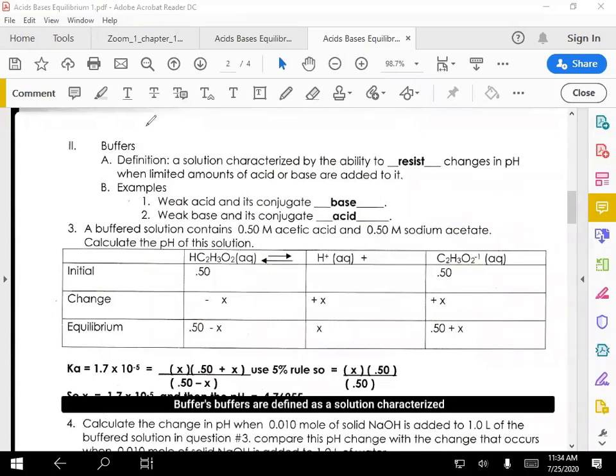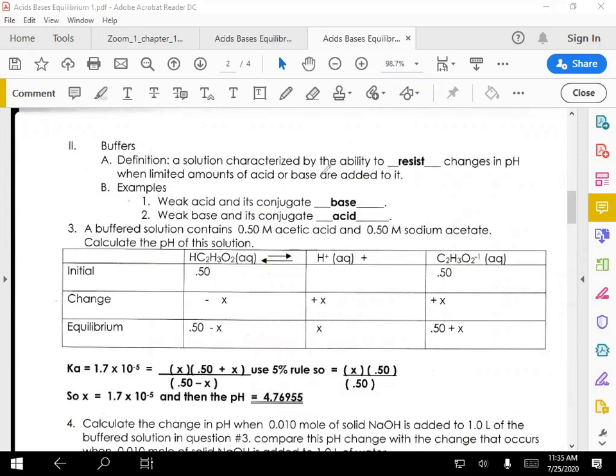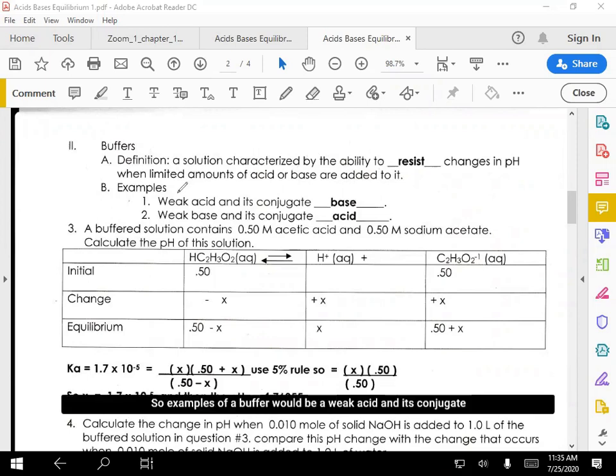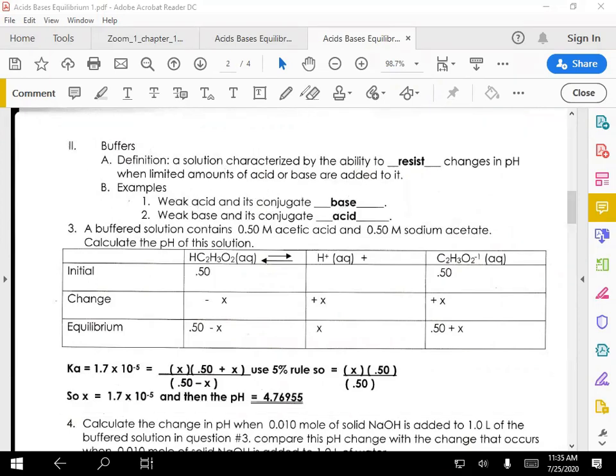Buffers. Buffers are defined as a solution characterized by the ability to resist changes in pH when limited amounts of acid or base are added to it. So examples of a buffer would be a weak acid and its conjugate base, or a weak base and its conjugate acid.